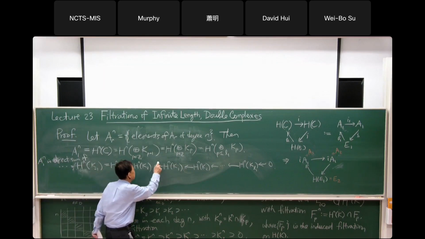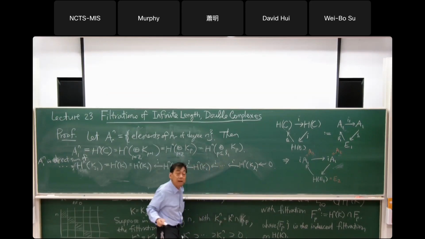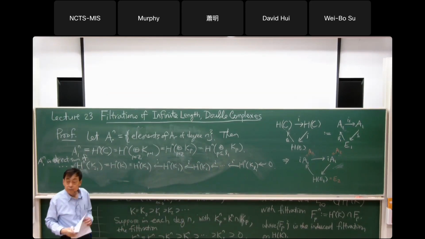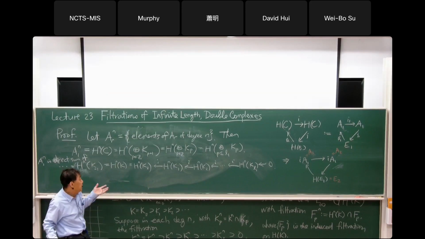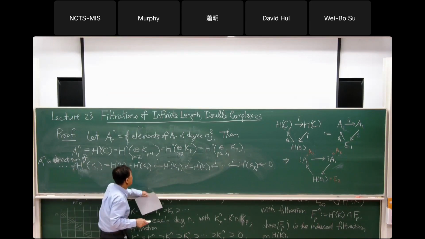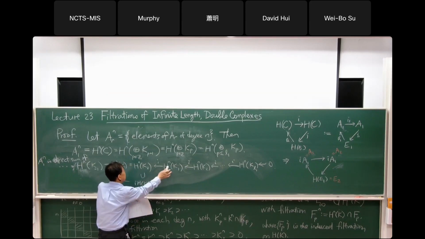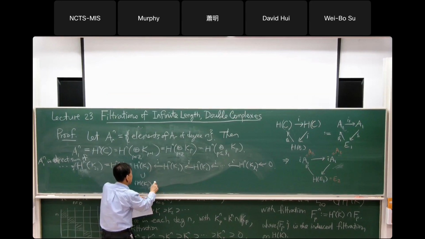These maps are all called I's. These maps are induced by inclusions, but they are not inclusions. However, I of H^n(K^1) is in here. The image of this is in here.